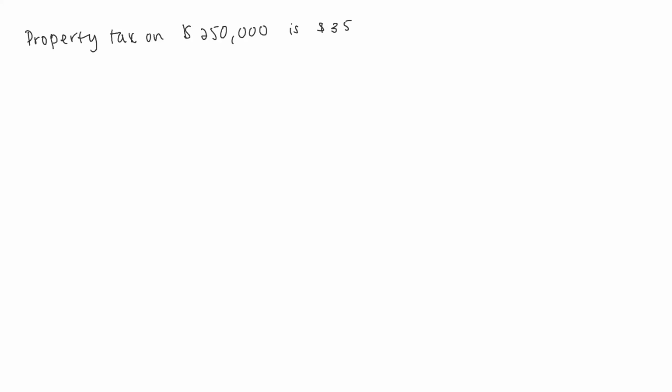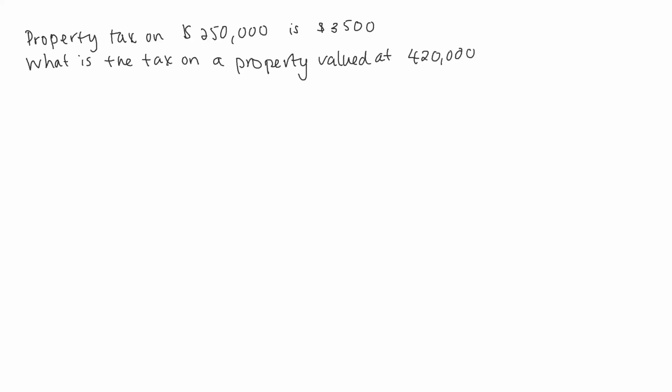So in this particular region, if you have a house that is valued at $250,000, you're going to owe $3,500 in taxes. So the question that we want is, what is the tax on a property valued at $420,000?